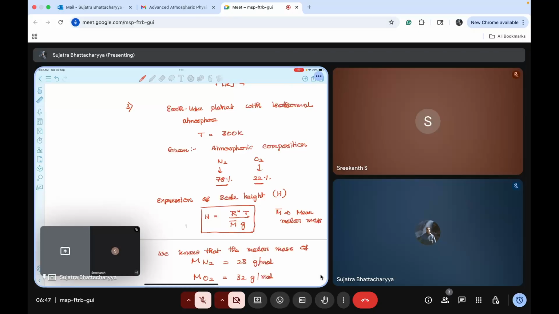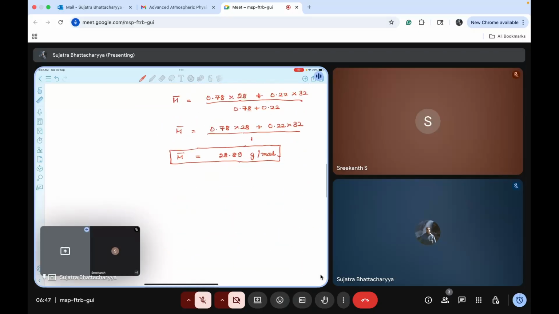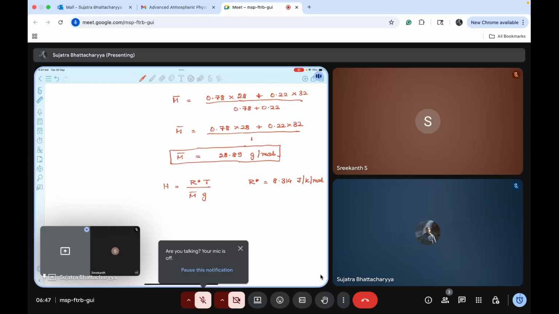Now we will calculate the actual scale height because everything is known. So H is equal to R star T divided by M bar into g. What is the value of R star? It is 8.314 joules per Kelvin per mole. Remember, this is the universal gas constant, not the dry air gas constant or others.